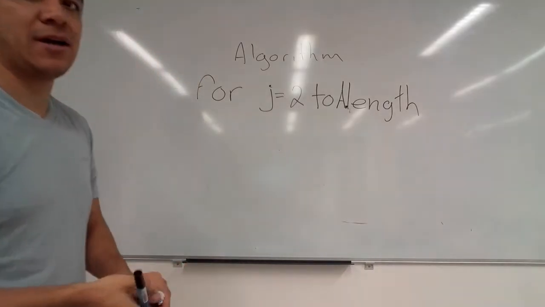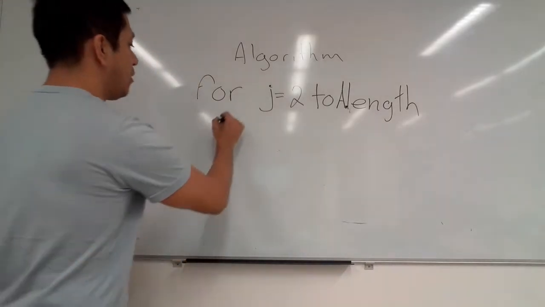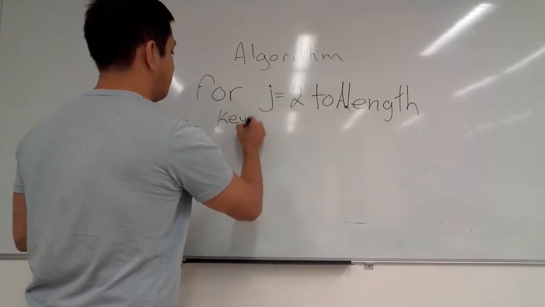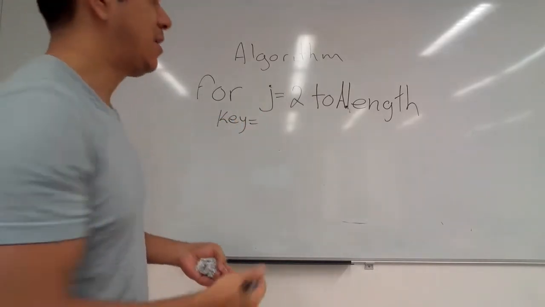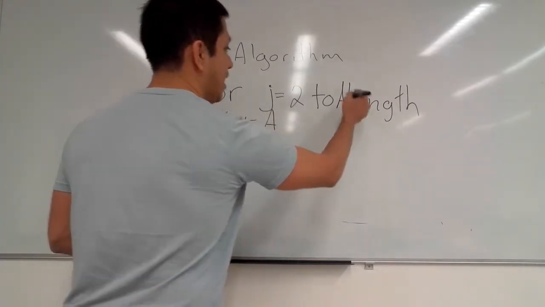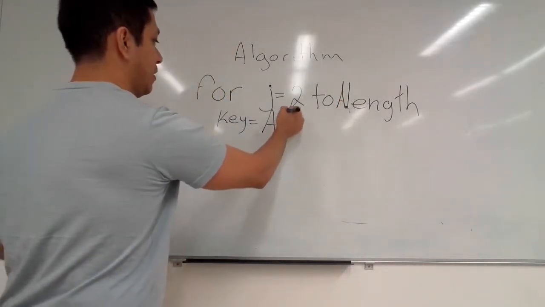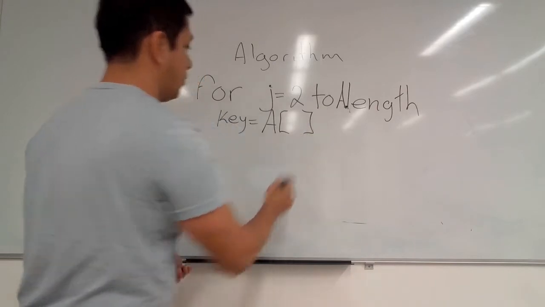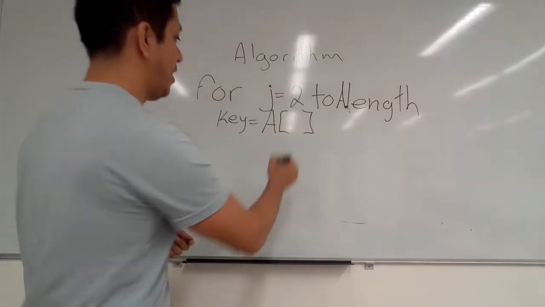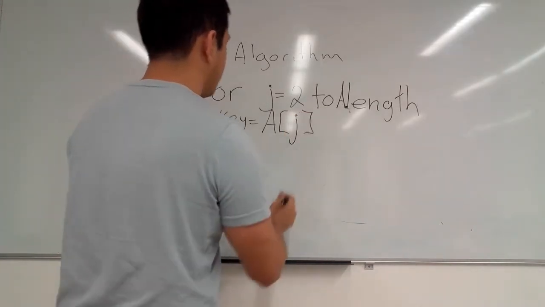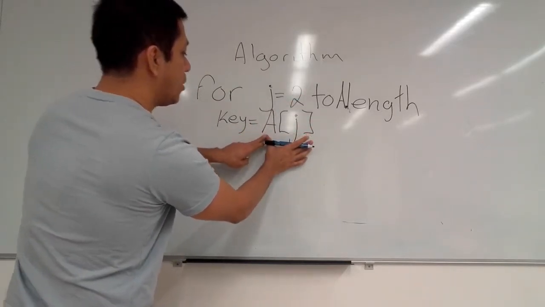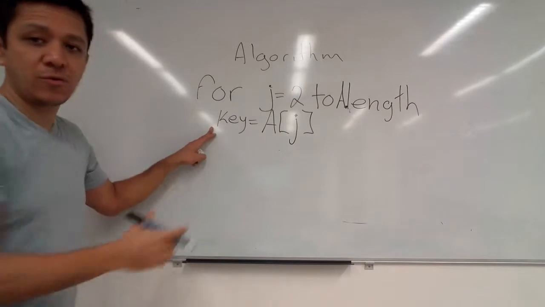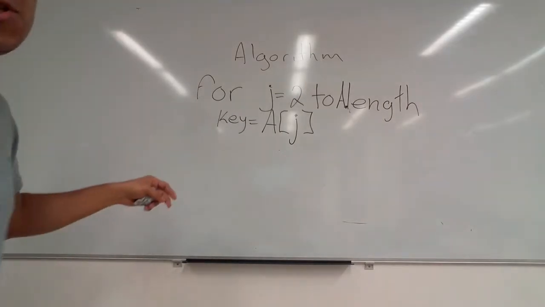This is going to be some kind of comparison. We also have one key. This key is going to be A, this section, in the array at J. This section that is here is going to be equal to J.